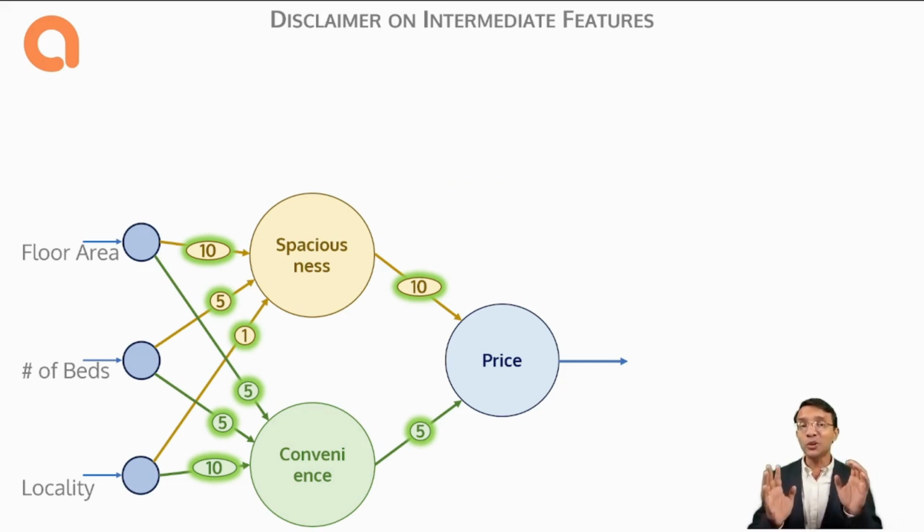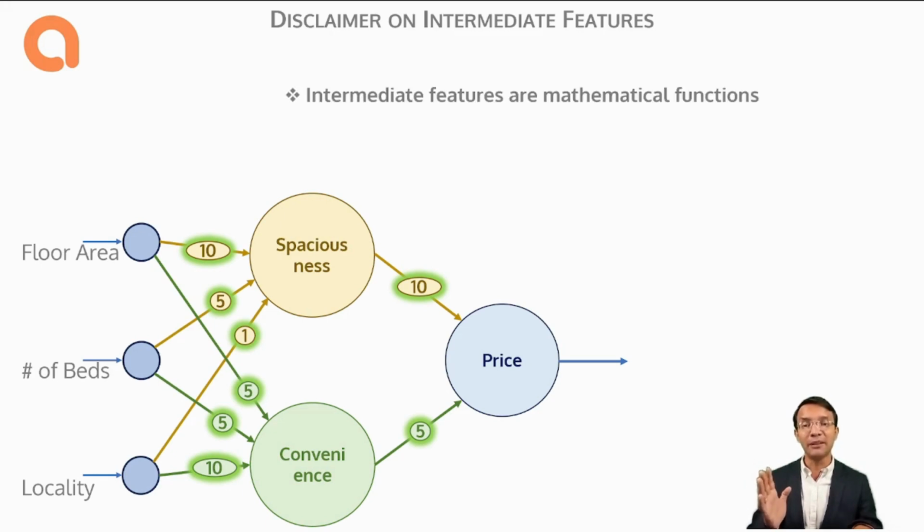Now, I would like to add a word of caution over here that inside a neural network, exact features like spaciousness or convenience, which we as human beings can understand pretty easily, and I have used because we can conceptualize these intermediate features easily, but inside a real artificial neural network, these are calculated as functions by the neural network itself and might not always make sense to our human understanding of intermediate features.